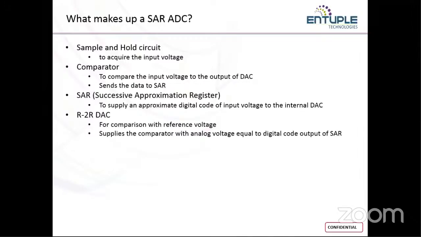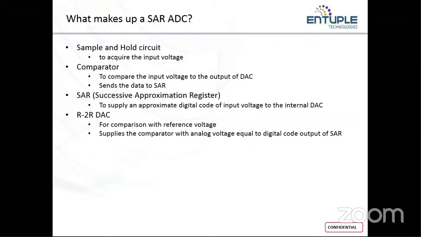So for whatever output we get from the comparator, we need a digital code. So the successive approximation register generates that digital code. And finally, we have the output to our DAC for comparison with reference voltage.